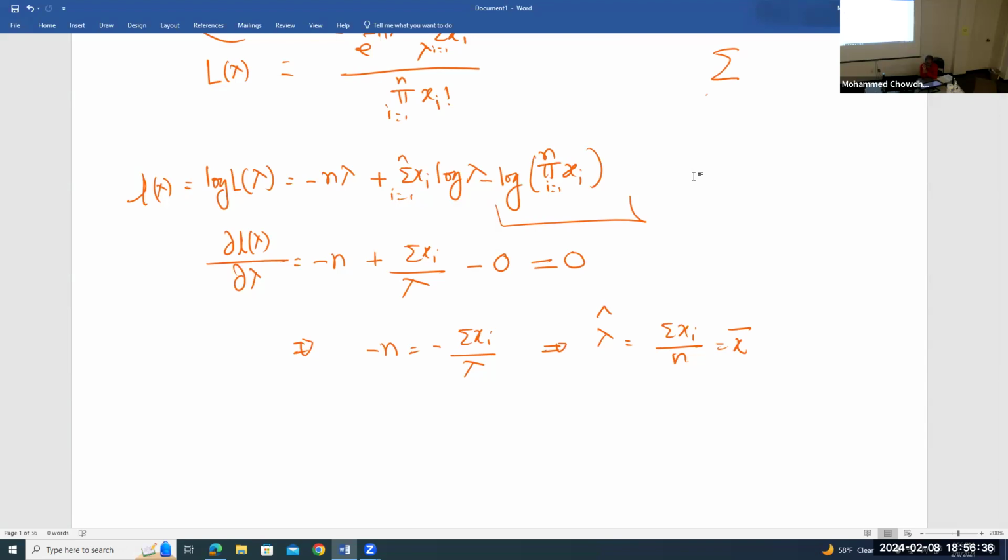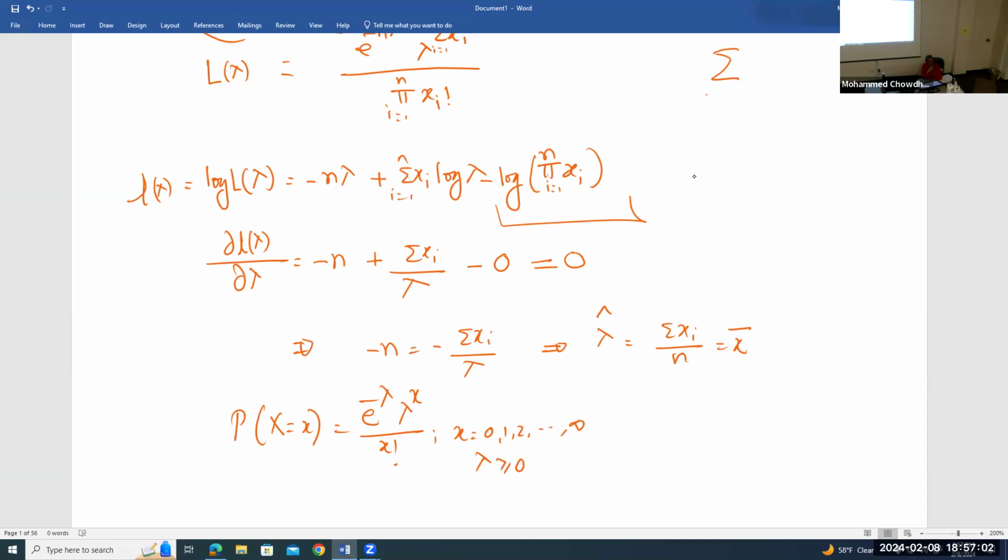So now by using the likelihood function, we have estimated the parameter of the Poisson distribution. Poisson distribution has a mathematical format like this: e to the power minus lambda, lambda to the power x over factorial x. In this distribution, x takes value 0 to infinity, lambda is greater than or equal to 0.